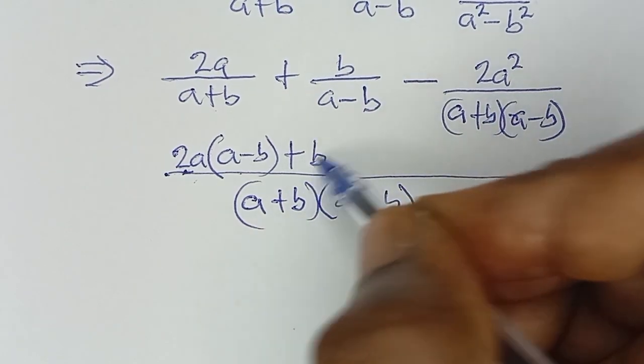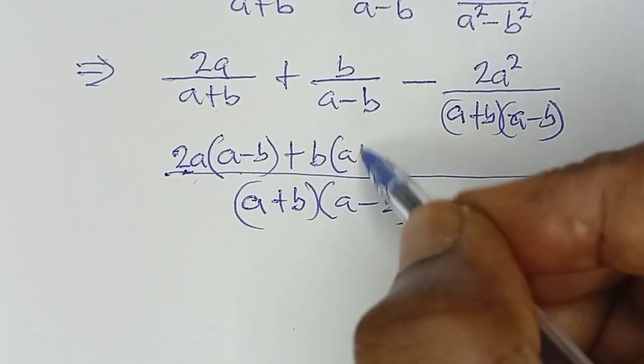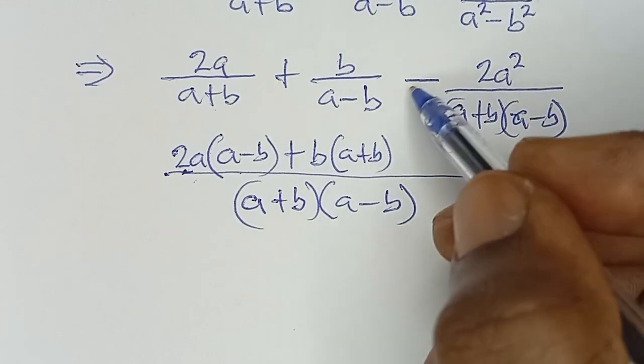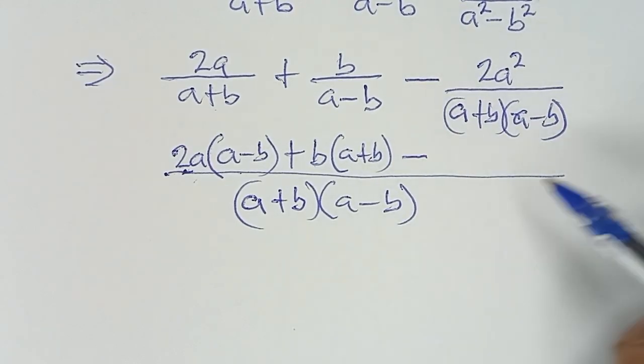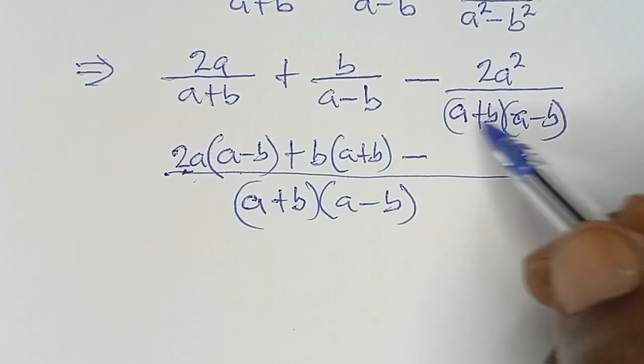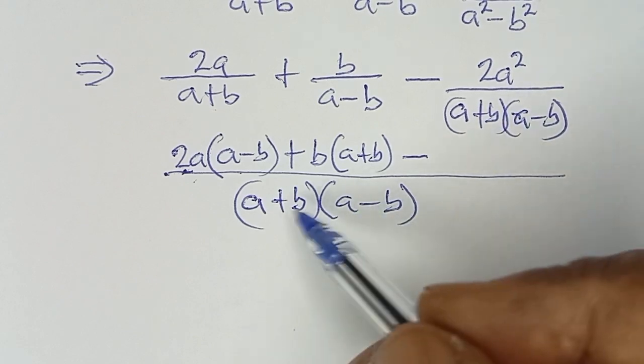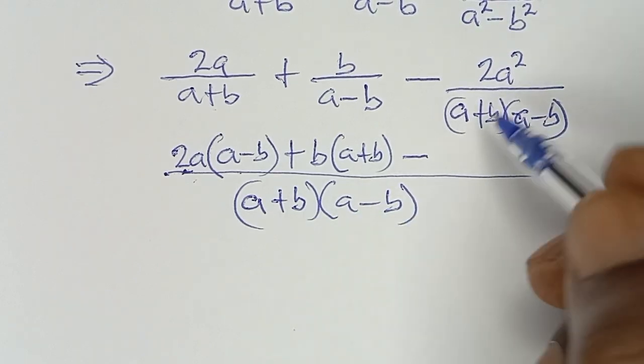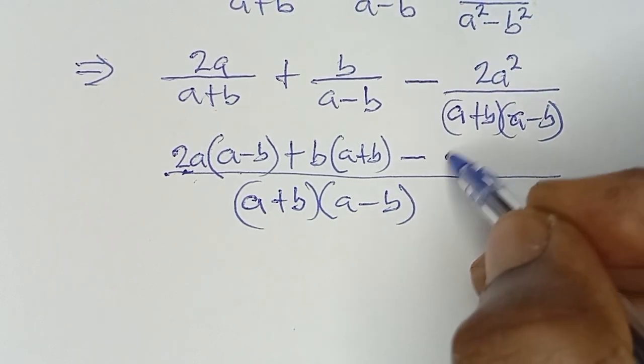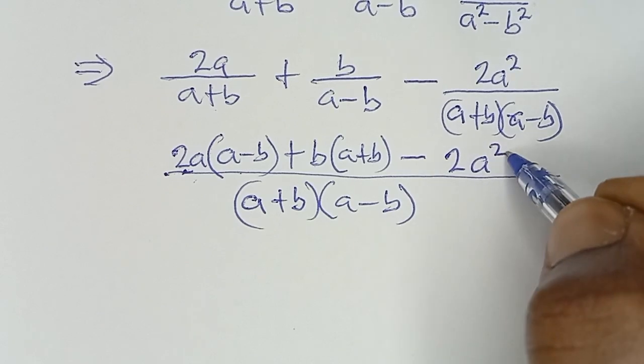So I can simply write b and then multiply by the a plus b. And then the negative sign that I have here, then this divided by this will give us 1 because they are the same. So 1 multiplied by 2a square will give us 2a square.